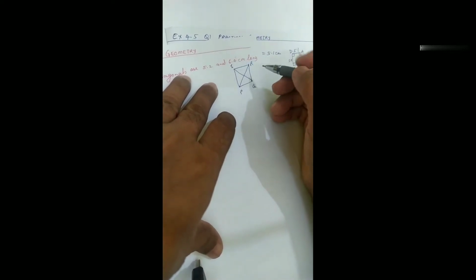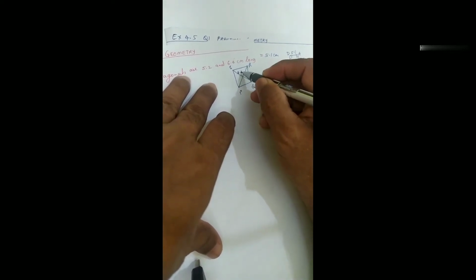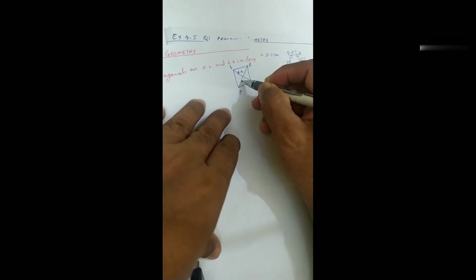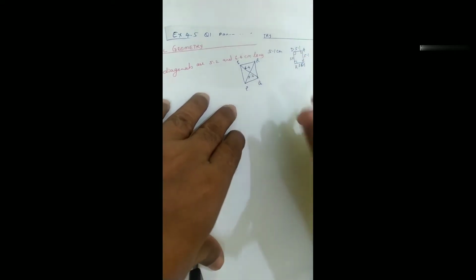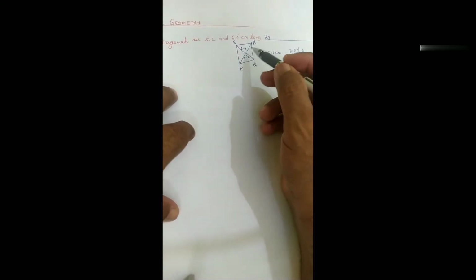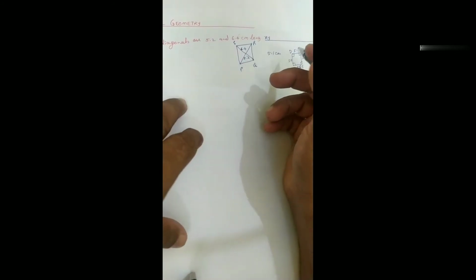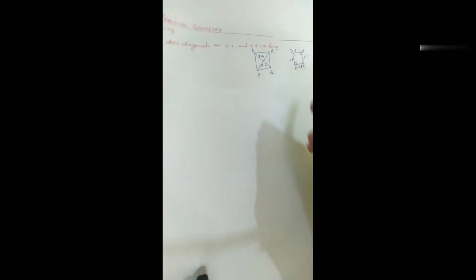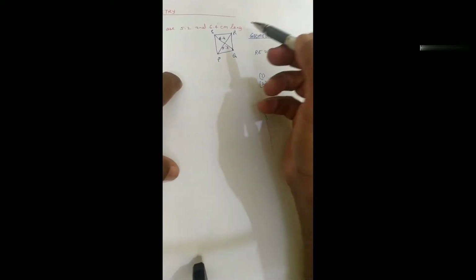We will take this as 6.4 and this as 5.2. We can start with any one, as these are equally divisible, that is 6.4 you can divide into 2 and 5.2 also, and necessarily the diagonals have to be at a right angle with each other.